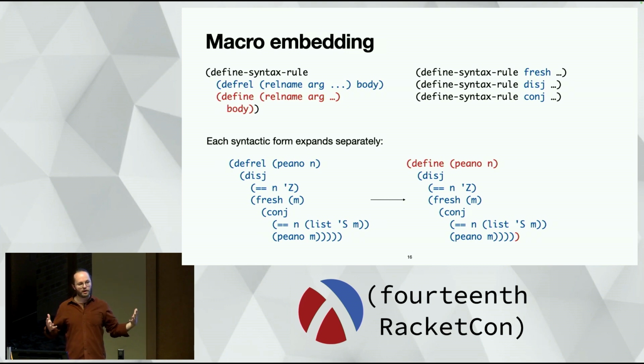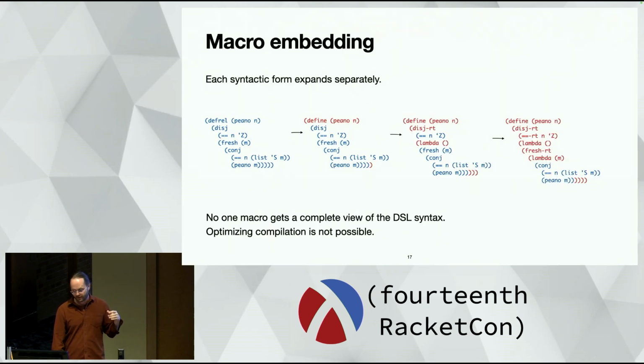And then our expansion process, if you looked at this in the Racket macro stepper, you would see that each of these macros is going to expand separately. So the first step is expanding that defrel to define. But then we are going to expand the disjunction form, and then the fresh form, and you can see the code going from miniKanren to Racket based on that color change as we go through that expansion process.